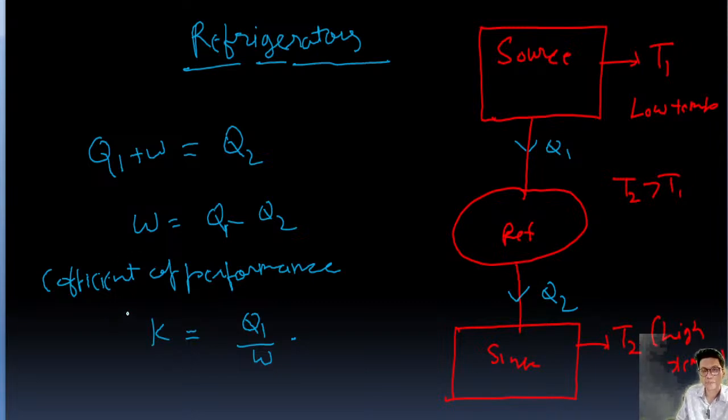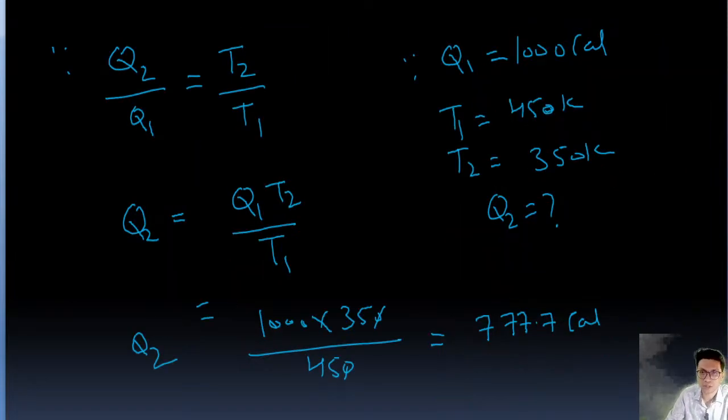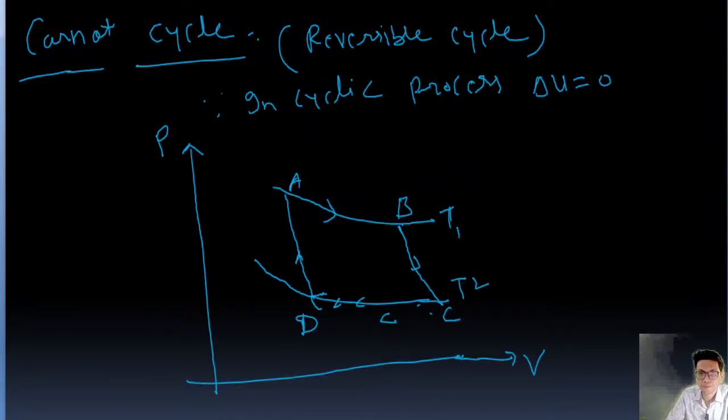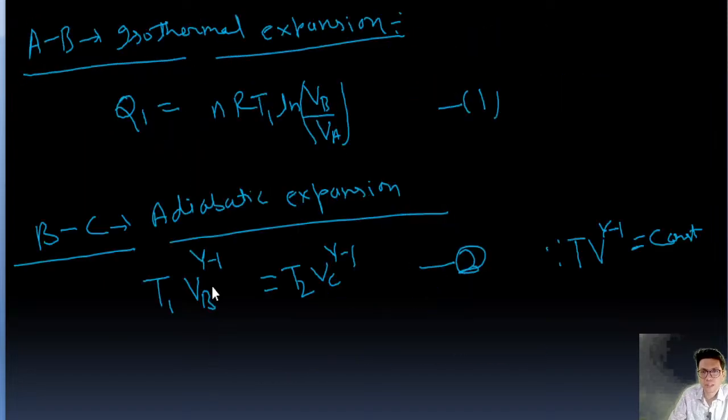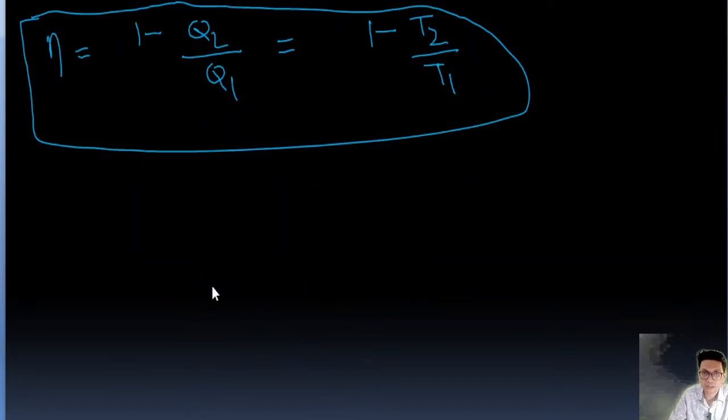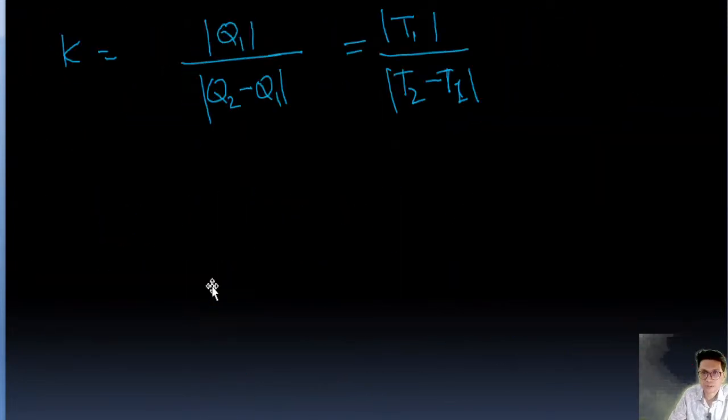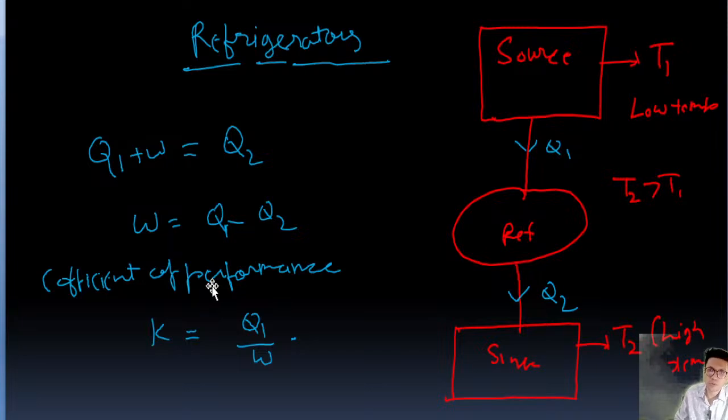And in case of heat engine, we have seen efficiency eta is equal to W upon Q1. I'll show you here. W upon Q1, output upon input, right? And here this is Q1 upon Q2.